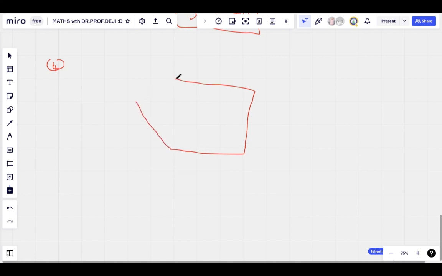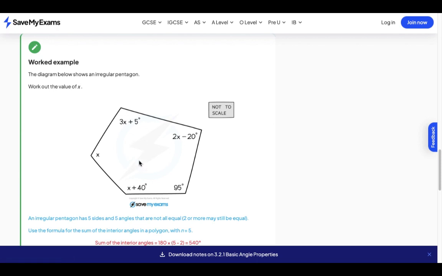Where did you find that question? From Save My Exams. It's in my exams right now, but I can't find it. I'm sharing it with you.